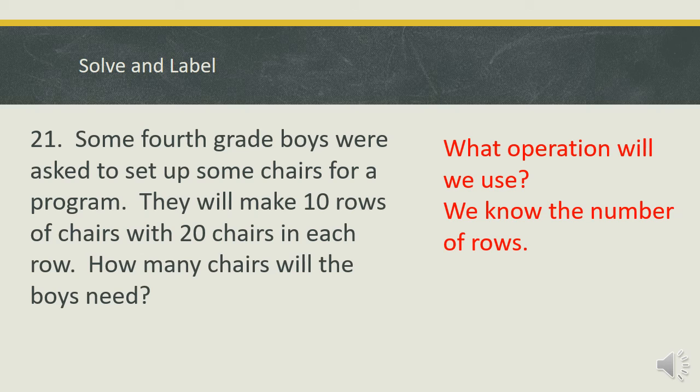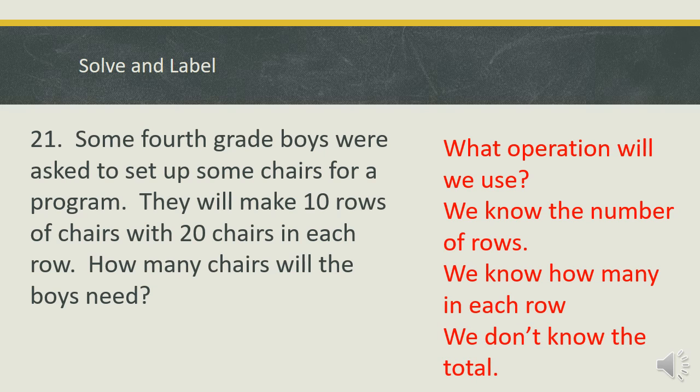So we know the number of rows, that's 10, and we know how many are in each row, that's 20. We don't know the total, but if we multiply them together, 10 rows times 20 chairs in each row, that means the boys are going to need a total of 200 chairs.